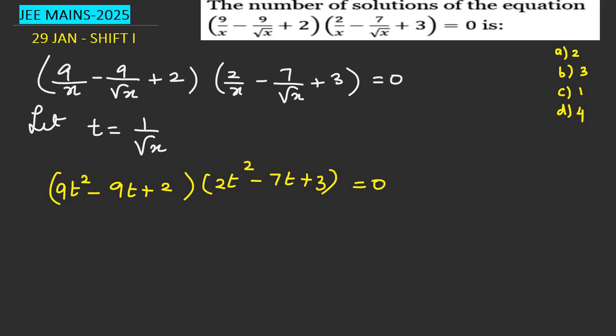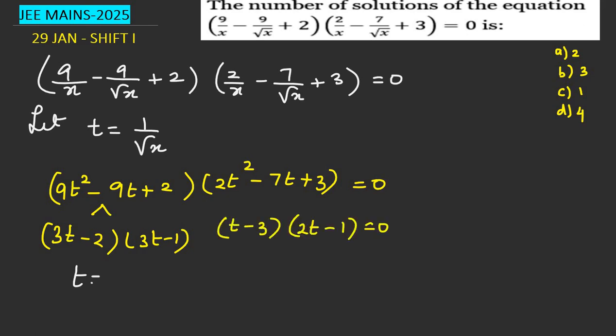The factors of the first factor will be 3t minus 2 into 3t minus 1. And the next one can be written as 2t minus 3 into t minus 3, or t is equal to 2 by 3, 1 by 3, 3 and 1 by 2, equating the value factors to 0.